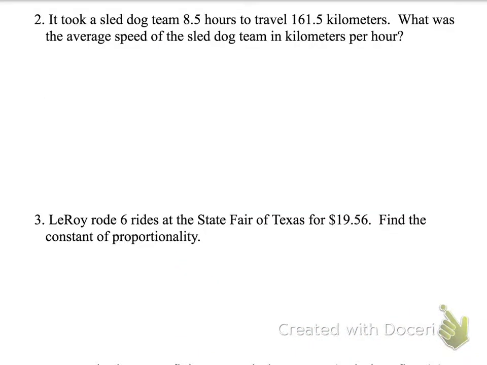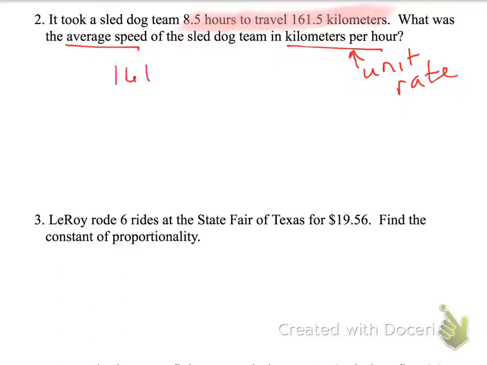Number 2, it took a dog sled team 8.5 hours to travel 161.5 kilometers. What was the average speed of the sled dog team in miles per hour? So this right here is a unit rate. And we find unit rate by dividing by the per. So in this case, we divide 161.5 by 8.5.